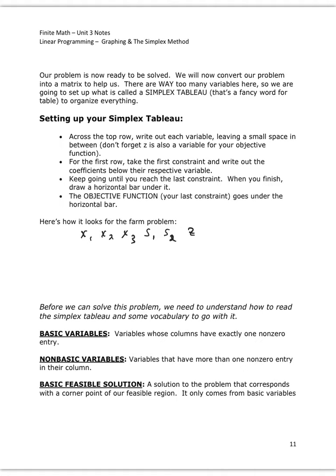Okay, now for our first row, we're going to take our first constraint and write out all the coefficients below their respective variables. So the first one was x1 plus x2 plus x3 plus s1 equals 100. So we're going to put those coefficients there. And I didn't have any s2s and I didn't have any z's, so I'm going to put those in as 0.